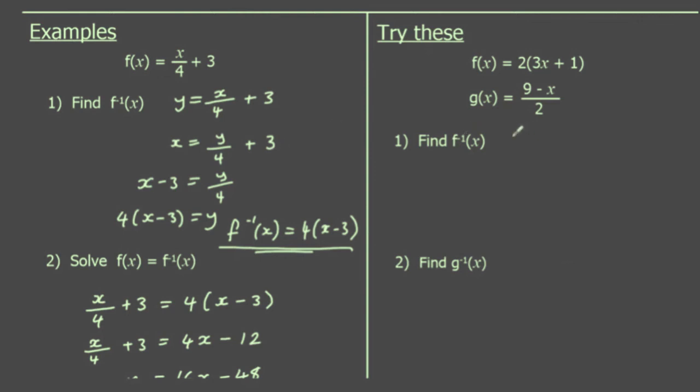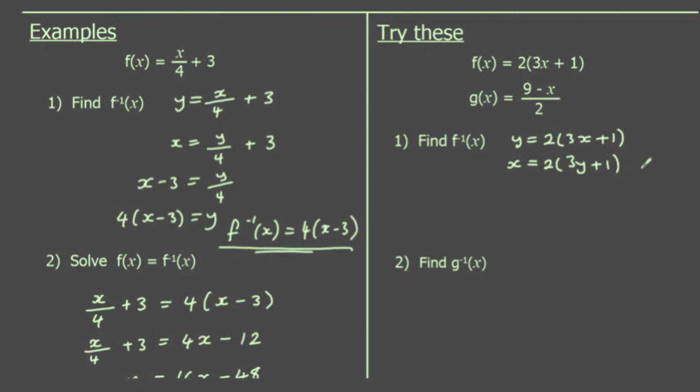So we rewrite it as y equals 2 times (3x plus 1), and for the inverse function, the x and the y are switched around, so x equals 2 times (3y plus 1).